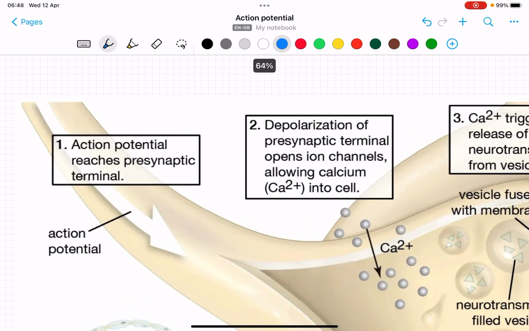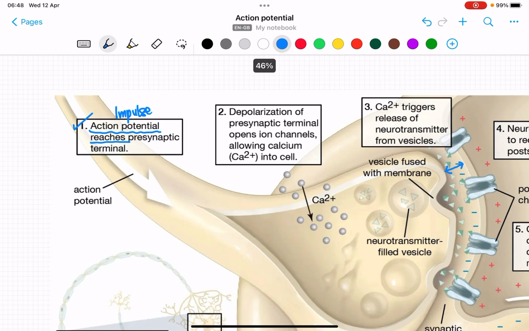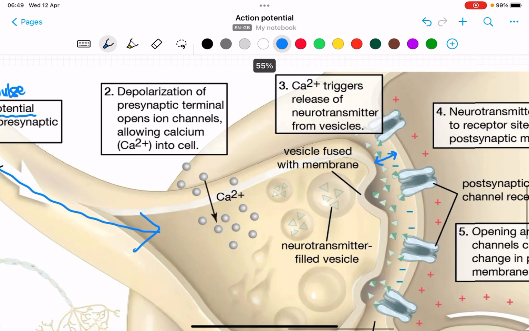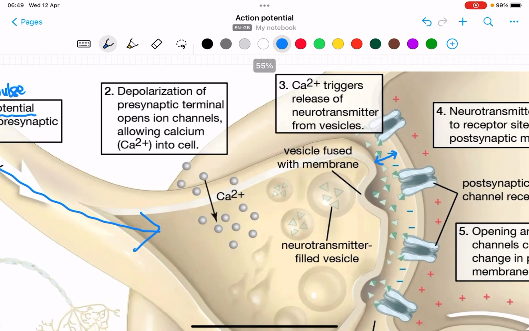It's going to start with this. Action potential, or you can also use impulse, will reach the presynaptic terminal or presynaptic membrane. It needs to travel until the end of the axon that we call presynaptic terminal. When it has arrived, it's going to depolarize.